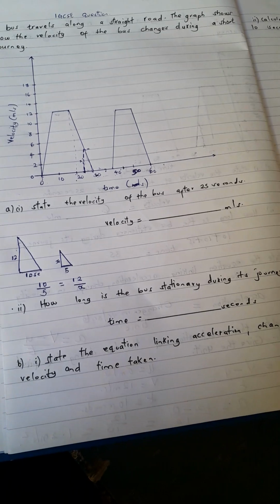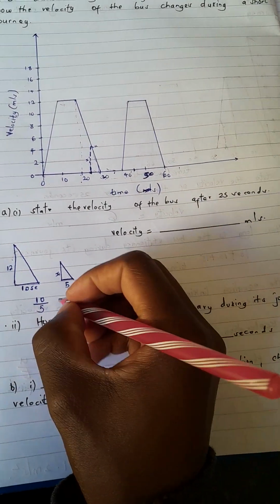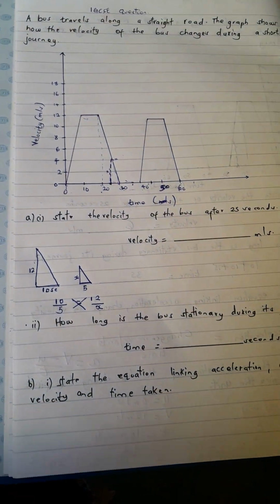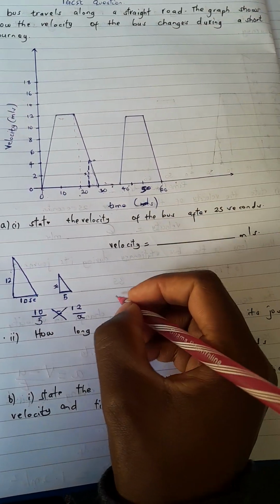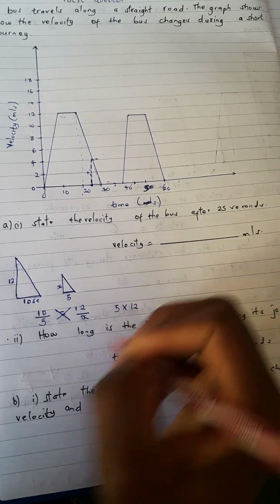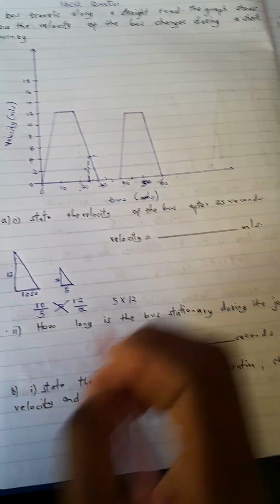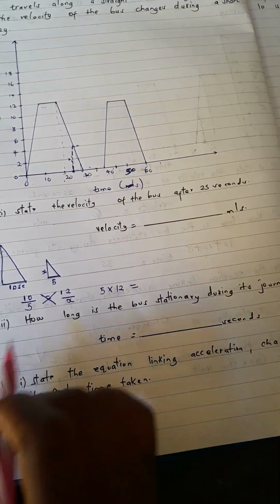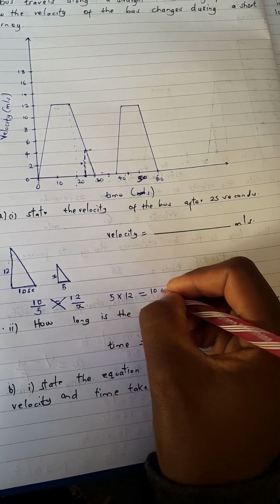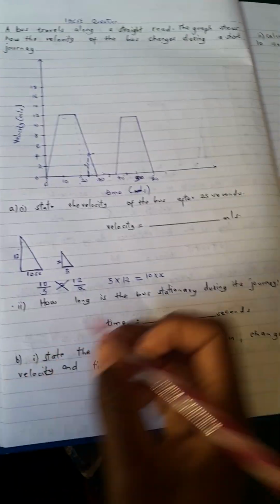So how do we find it now? We cross multiply, so that we can find the value of the answer. So it will be 5 times 12 is equal to 10 times x.